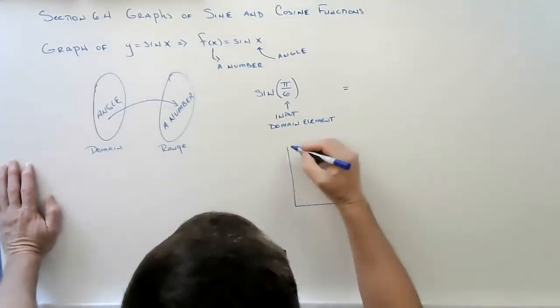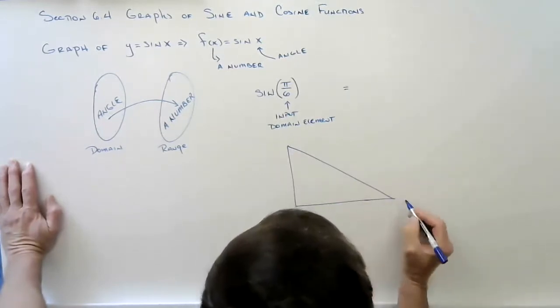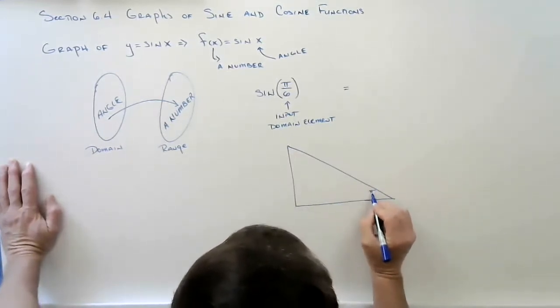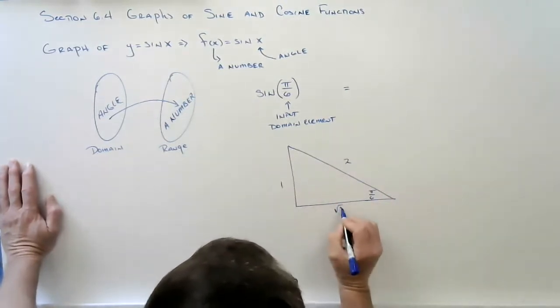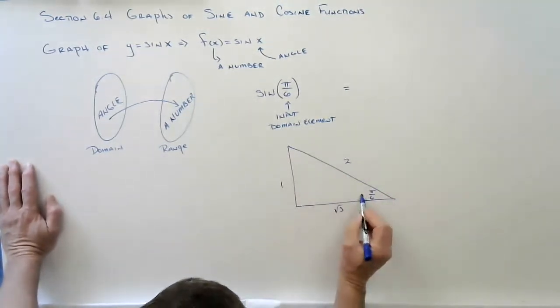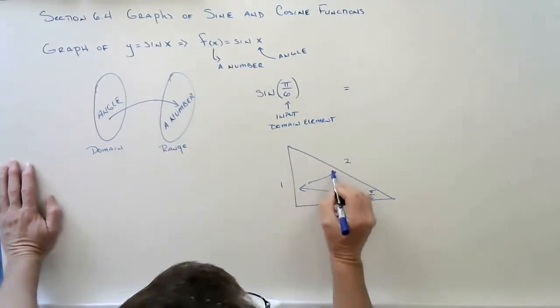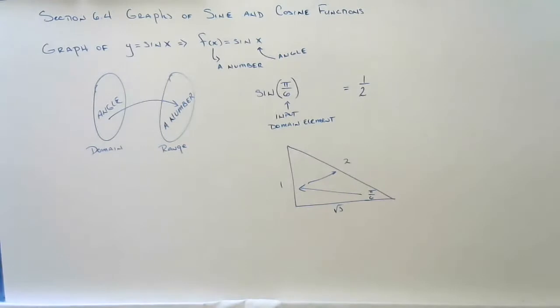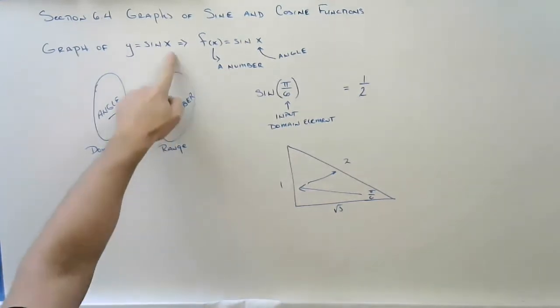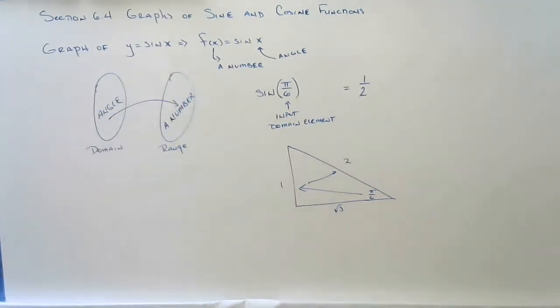What comes out, we all know this triangle, right? We got our 30, 60, 90 triangle. This is pi over 6 right here. That's 1, 2, the square root of 3. So sine of this is opposite over hypotenuse. What comes out is a number. So trig functions change angles into numbers. We put an angle here, a number comes out here.